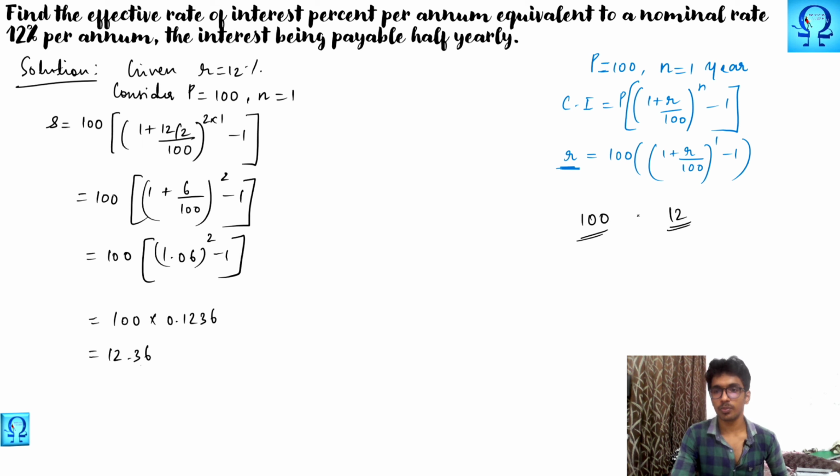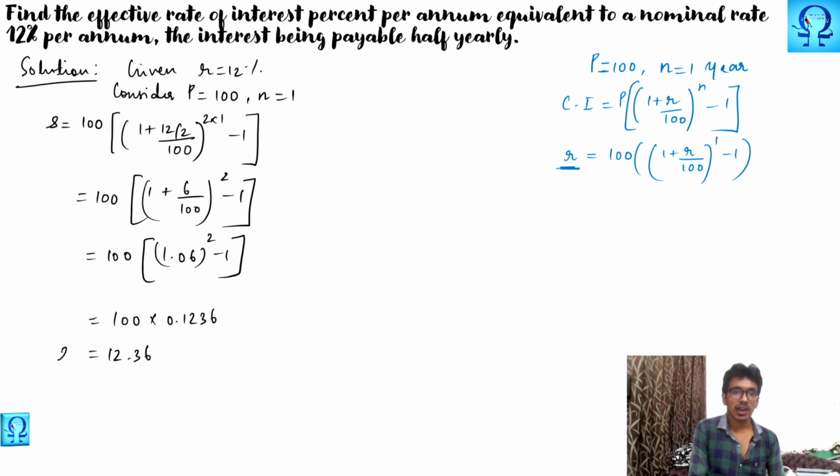This is what we simply say 12% on all those stuff. It means for 100 rupees in a particular year we are going to get 12 rupees. That is what we represent as percentage per annum, right? So the same idea we have brought in here and we calculated this thing. So the effective rate of interest is 12.36%.